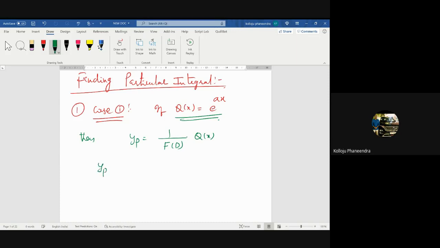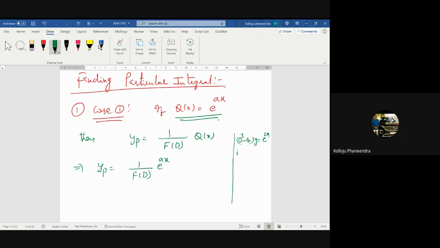That is yp equal to 1 by f of D into Q of x, which means 1 by f of D into e power ax. If you have any doubts, I will give this explanation. For example, some equation is like this: D squared minus 4 into y equal to e power 2x.